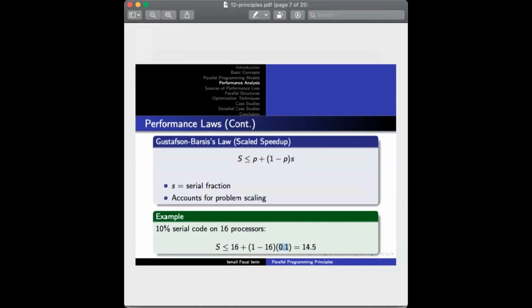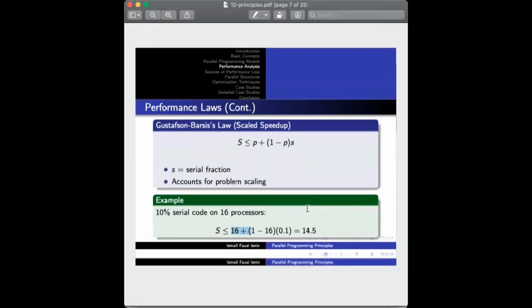This evaluates to an impressive speedup of 14.5 out of a maximum possible 16. This proves that when weak scaling is applied to an expanding data set, we can achieve highly efficient utilization of massive hardware setups.